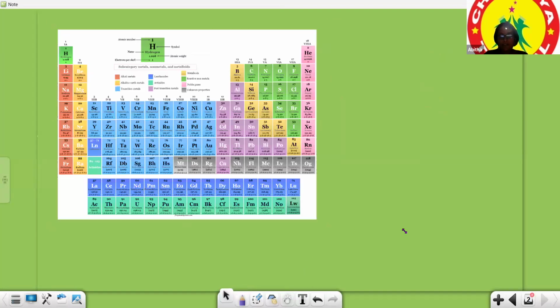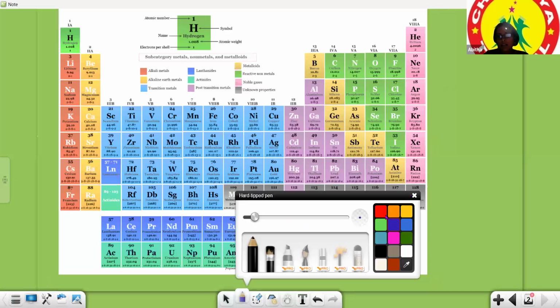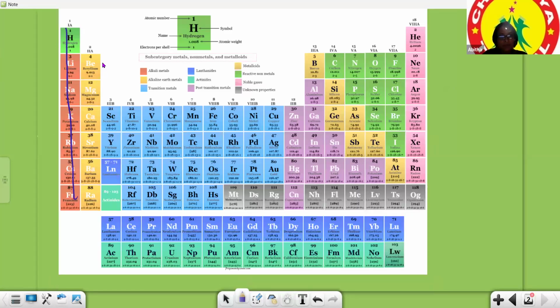If this is the periodic table, this is the first group, this is the second group, this is 3A, 4A. Groups are considered from top to bottom.